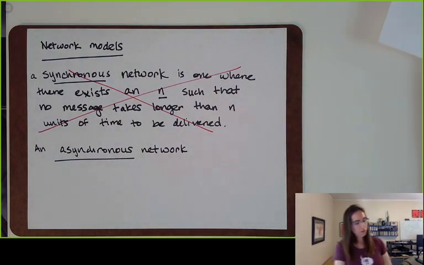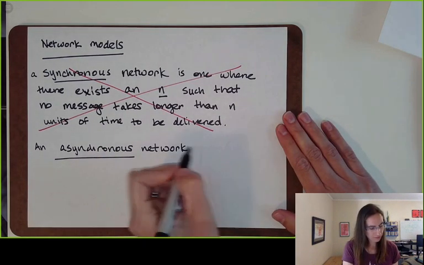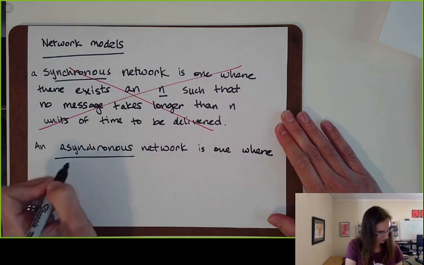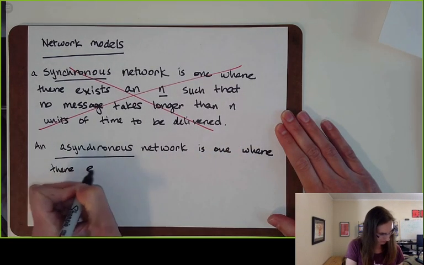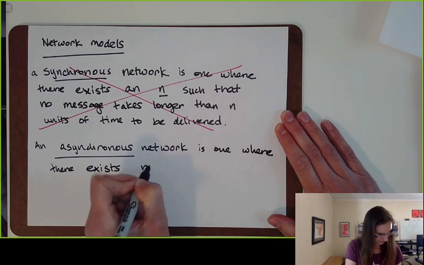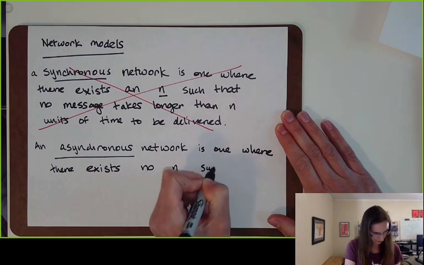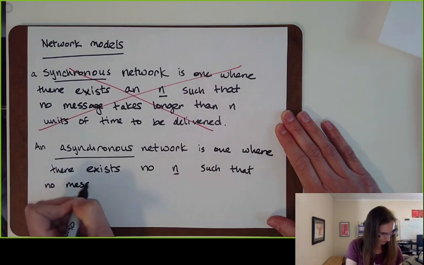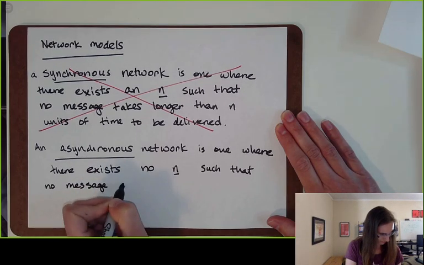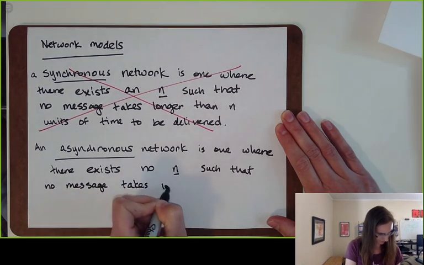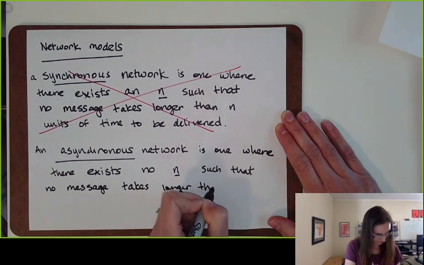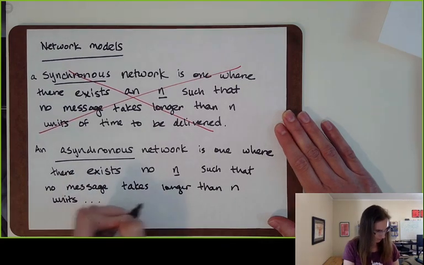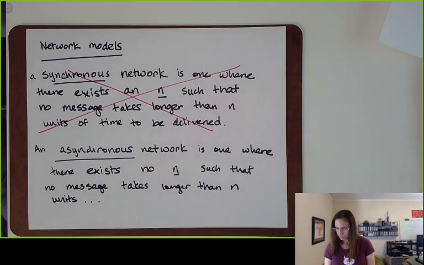Yeah, so specifically, an asynchronous network is one where there exists no n, such that no message takes longer than n units of time. You get the idea. It's the same as above.